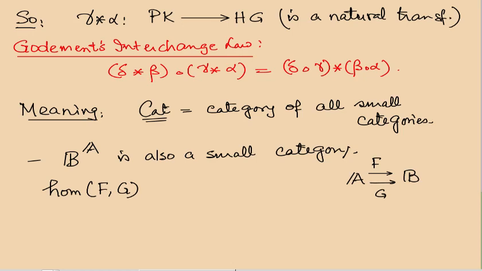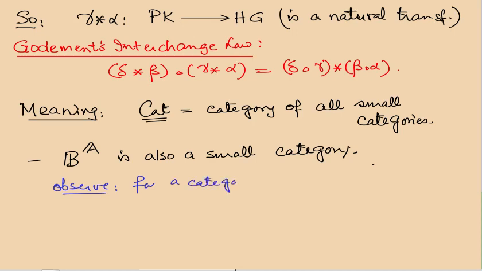Since, what I am trying to say is, let me do that first. Observe. For a category, say X, X1, the set of all morphisms, is actually the union of Hom AB, with AB coming from X0 cross X0.